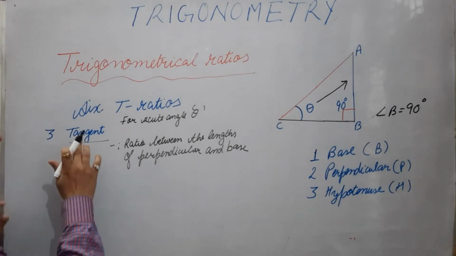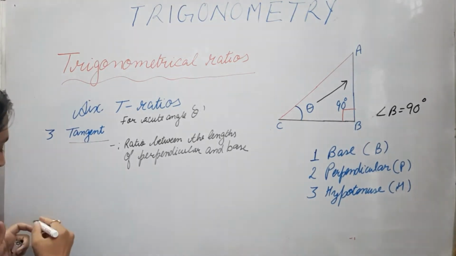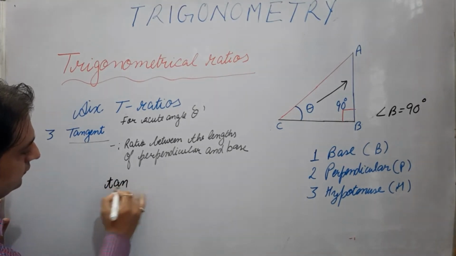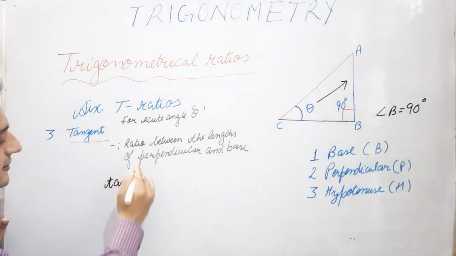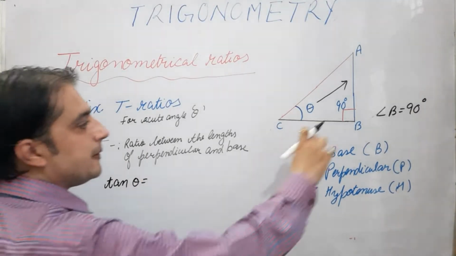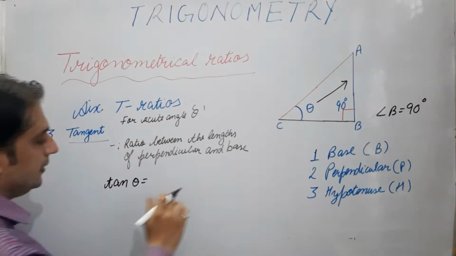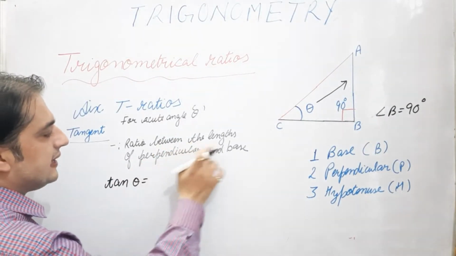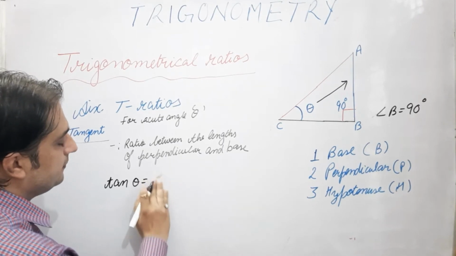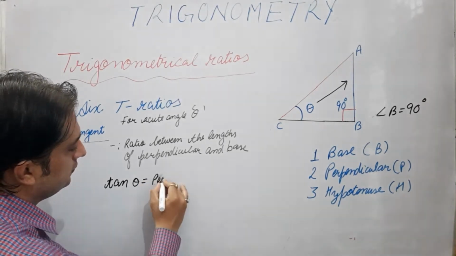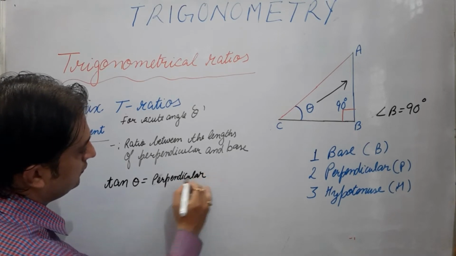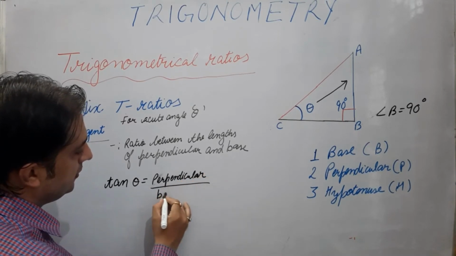So this tangent, in short, is written as tan, and the angle of reference is theta. For this angle theta, which side is perpendicular? The opposite side, AB. So this is a ratio between the lengths of perpendicular and base. First is perpendicular, I will write perpendicular over base.